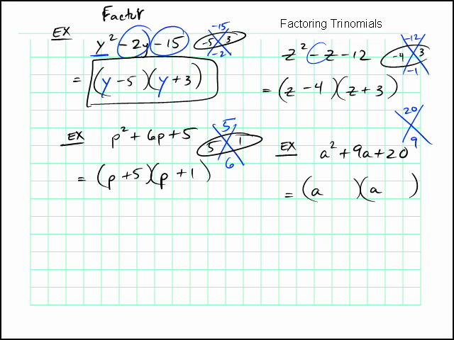Those numbers would be 5 and 4. They multiply to 20 but add up to 9. Plus 5, plus 4. As I said earlier, you could have it reversed. You could have a plus 4 times a plus 5. It's the same thing. A couple more of these. b squared minus 7b plus 10.